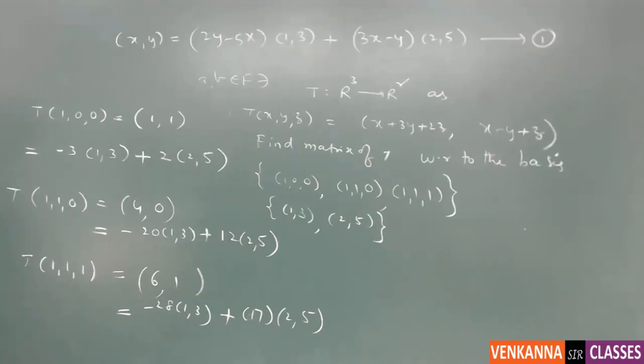So please remember, this is the order for calculating the matrix of transformation. Step 1, finding the linear combination. Step 2, calculating the images. Step 3, using this combination for the images, you should find a linear combination. And step 4 is the final one. Whatever the scalars obtained there, you have to write them as columns of the matrix. So this is the first thing, in which minus 3, 2 are scalars.